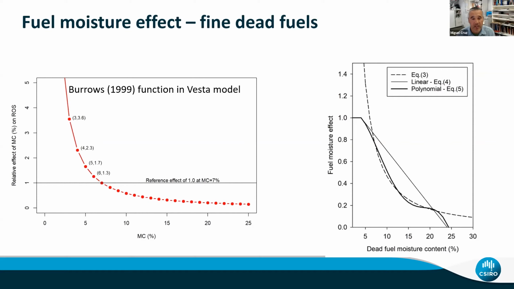In this graph on the right, we have 3 curves. One is the same as the Barrow's function, that's what's there as a dashed line, equation 3. But then we also tried a different approach. One of them was this linear equation.